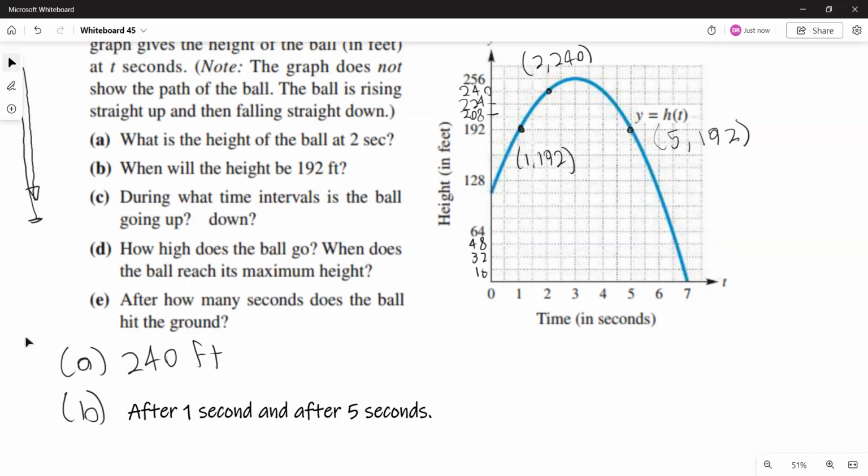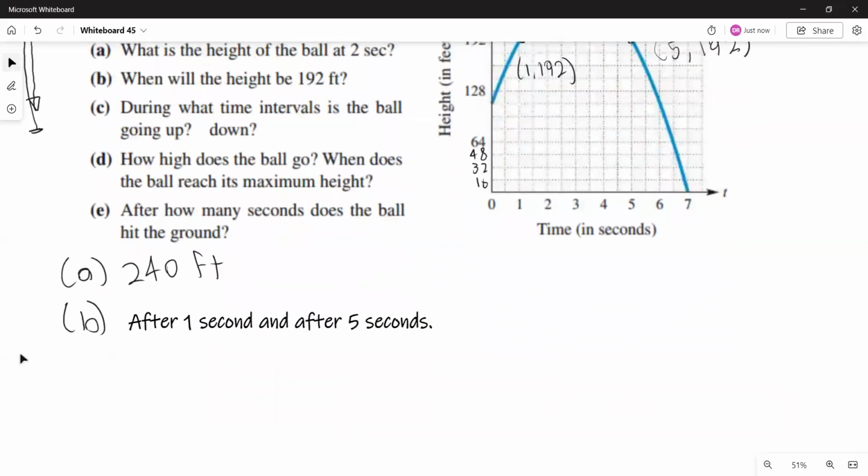Part C, during what time intervals is the ball going up and down? In other words, when is the function increasing or decreasing? We can see that there's a turning point at (3, 256).